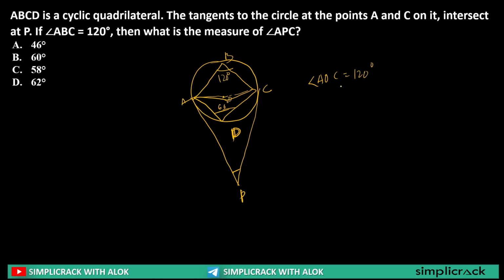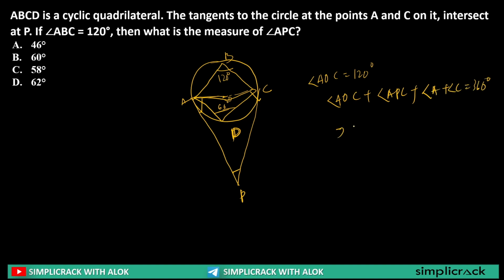And in this whole quadrilateral AOCP, this is a 90-degree angle because of the tangents, so angle A plus angle C plus AOC plus APC will be 360 degree.